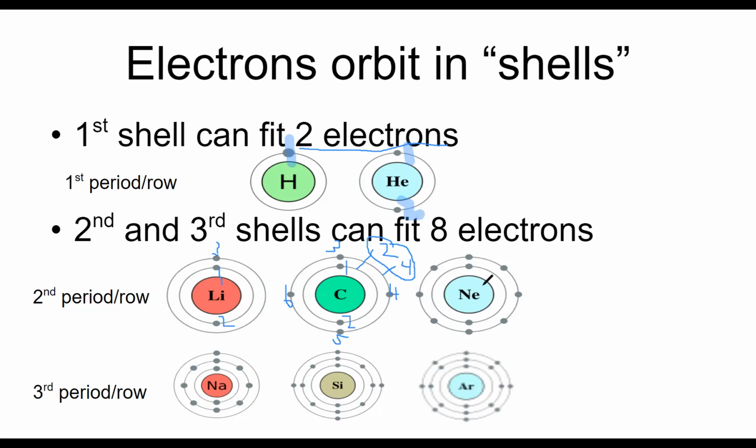What about if we jumped all the way to the end of that row on the periodic table over to neon? So neon has an atomic number of 10. If neon has an atomic number of 10, how many protons are in neon?